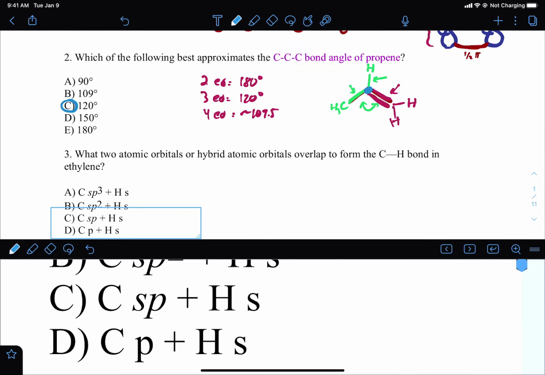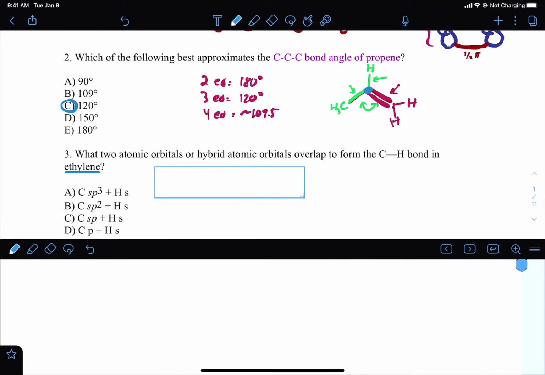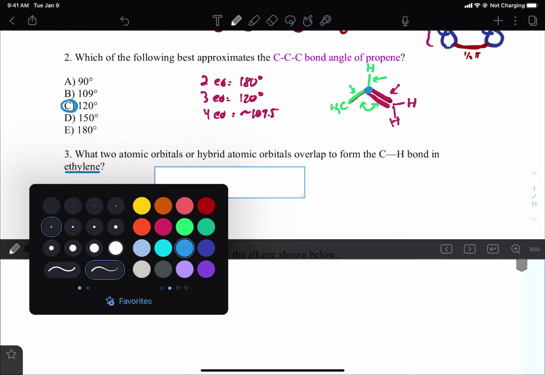All right. Question 3. What two atomic orbitals or hybrid orbitals overlap to form the CH bond in ethylene? So again, first you have to know the name. This is not strictly IUPAC, but it's common enough that most people use it interchangeably.